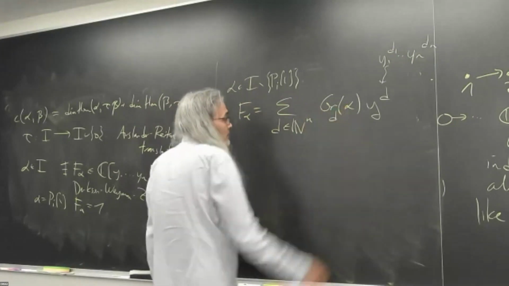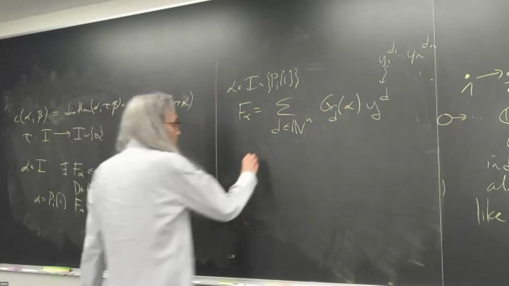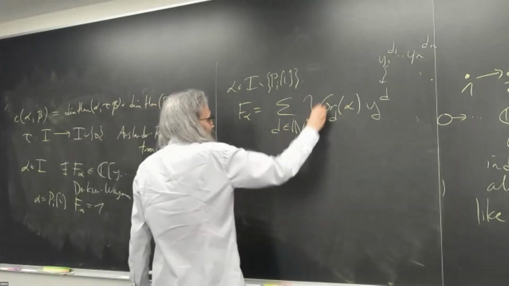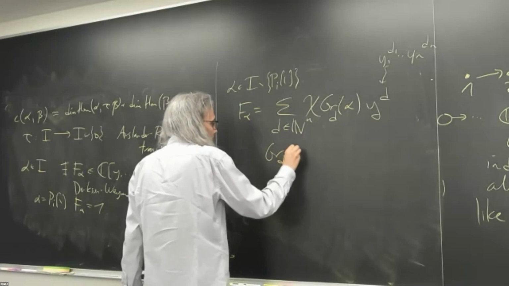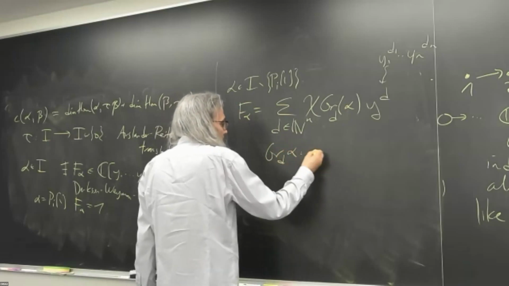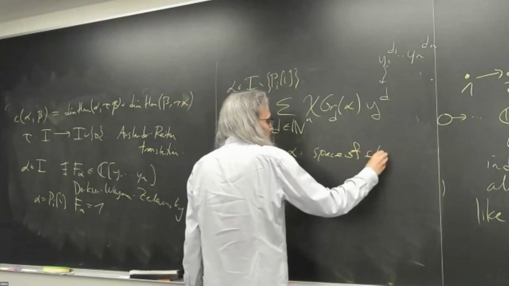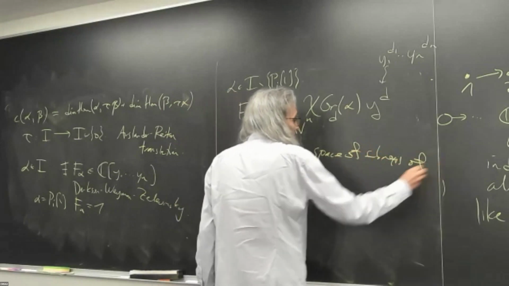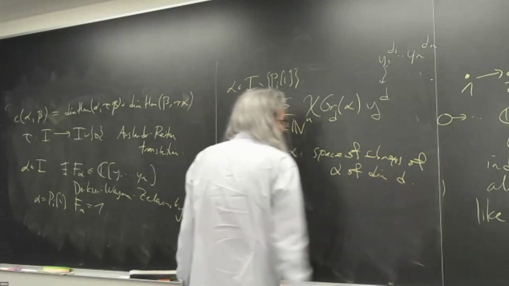What it's trying to keep track of is the sub-representations of the representation alpha. Okay, let me finish writing that, and then let me say what this is. Gr_d alpha is the space of sub-representations of alpha of dimension d.